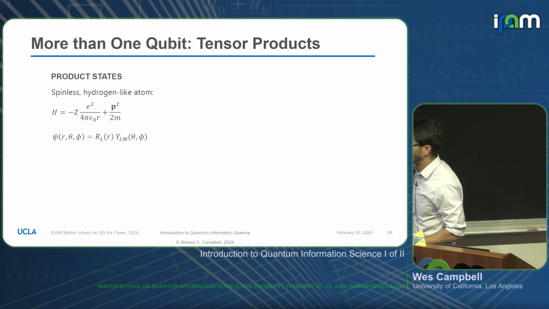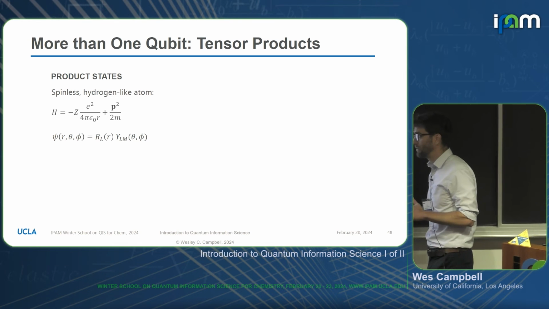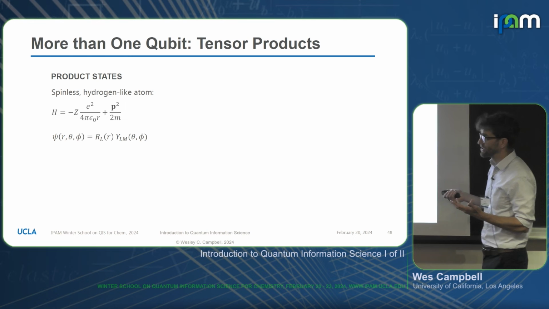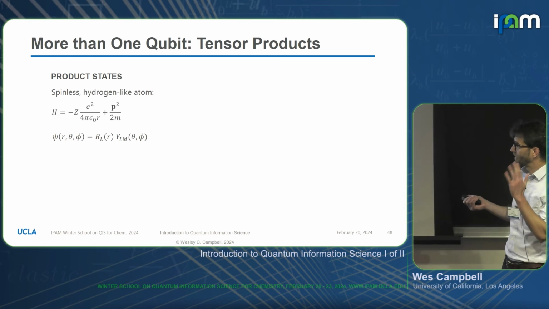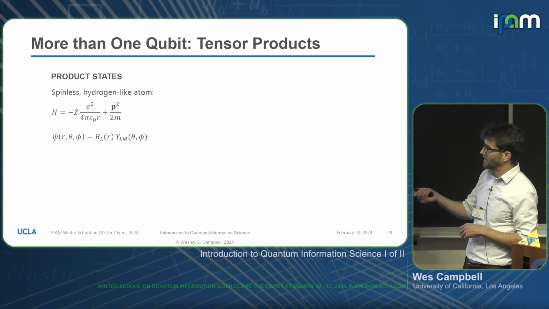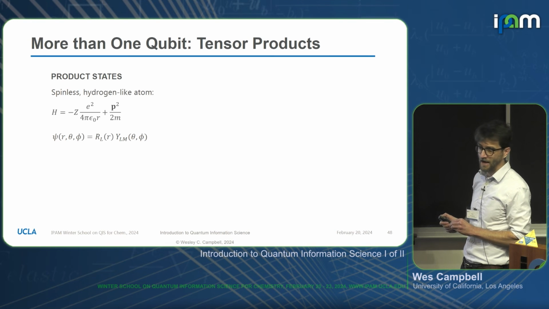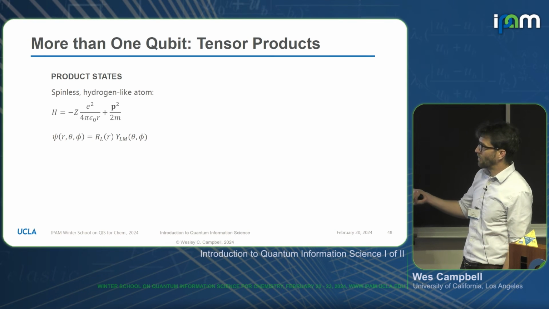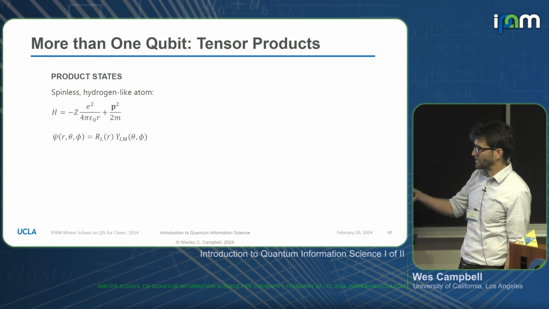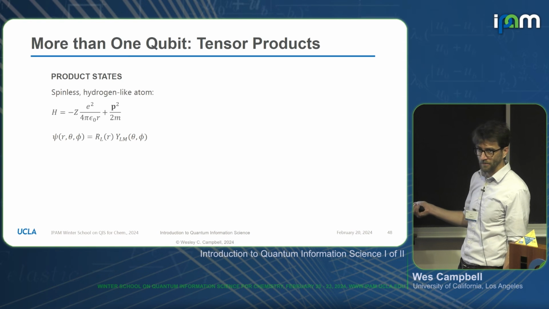You probably learned how to do quantum mechanics with the hydrogen atom. Forget about the electron spin. This would be like the first attempt at writing down the Hamiltonian for an electron in a hydrogen-like ion. One of the first things that you probably encountered was the idea that we're going to break up the wave function into a part that is radial and a part that is angular.